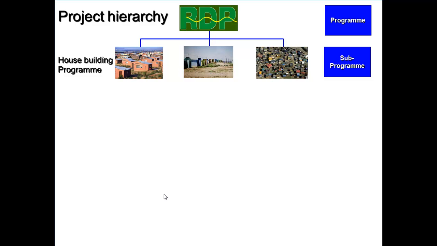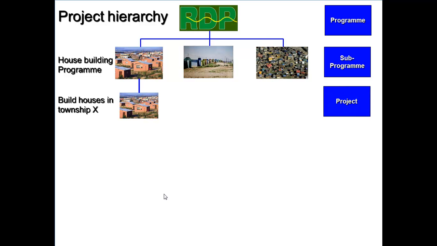Then underneath the RDP program, we will then have house building programs, which would then be sub-programs, because part of the RDP was also implementation of electricity and sanitation, etc., etc. But the house building programs would be a sub-program.